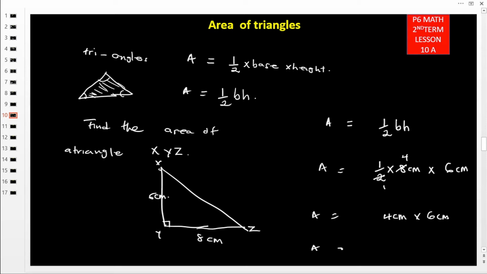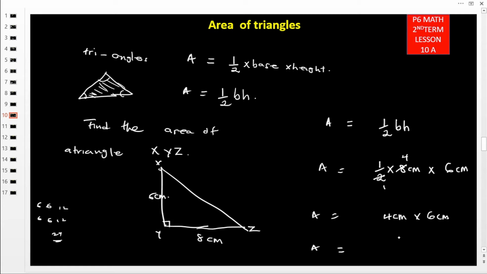Therefore the area of this triangle is equal to 4 by 6, 4 groups of 6. Let me get my side work here. 4 groups of 6: 6, then another 6, this is one group, giving us 12, then 18, then 24.